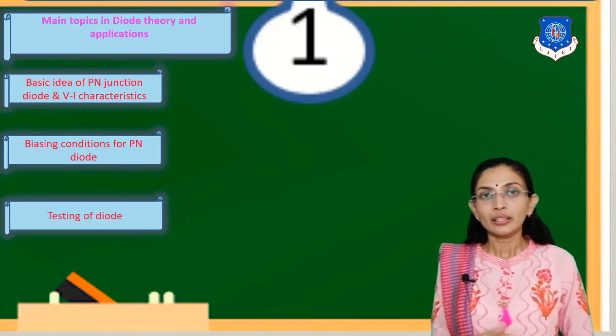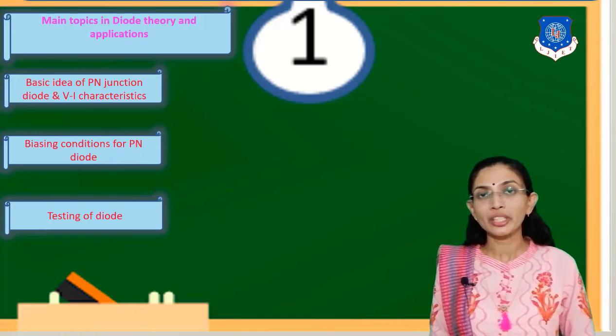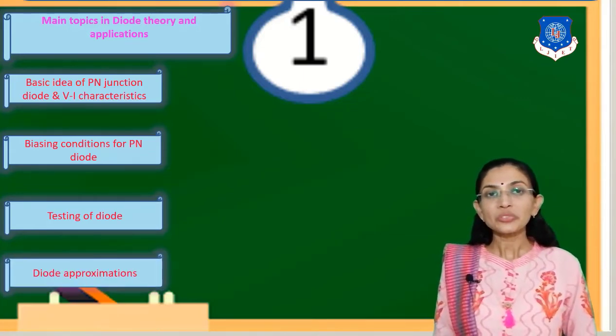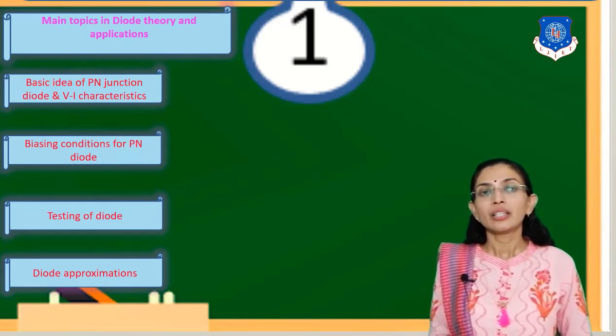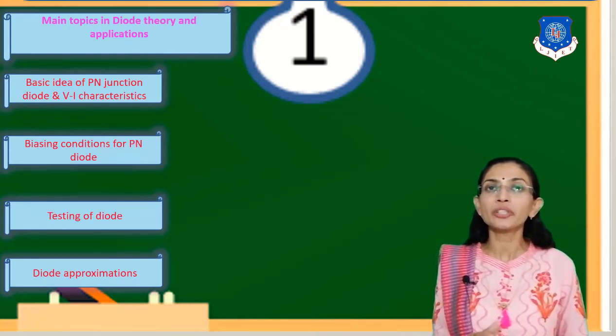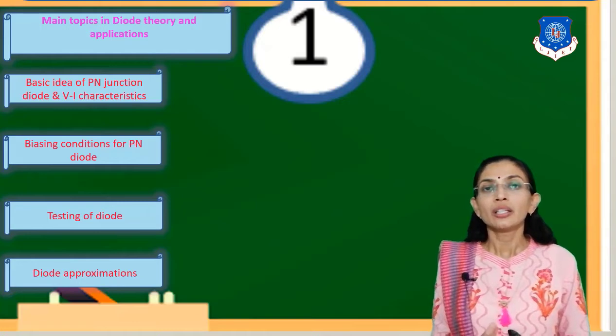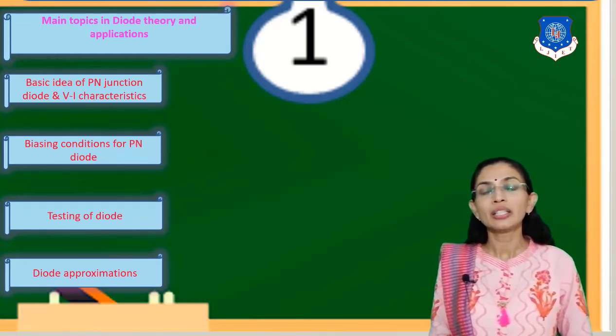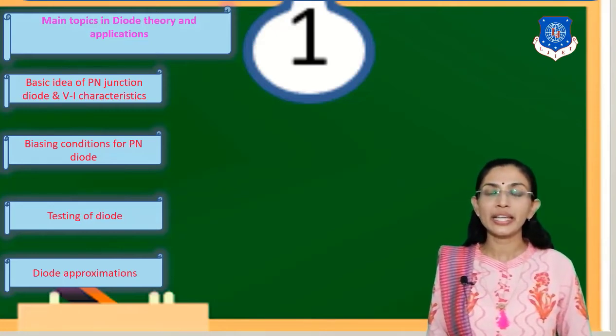Okay. Next, testing of the diode, that we will study practically, and diode approximations. In this topic, we will study the different assumptions of the diode. First approximation, second approximation and third approximation of the PN junction diode.